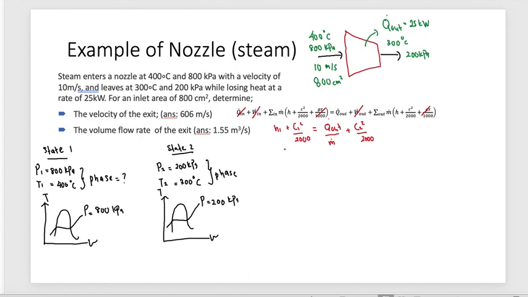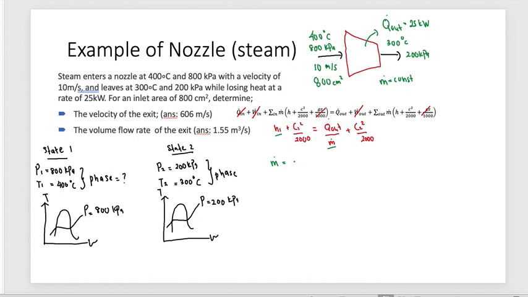Okay, so now to get C2, I have to know the value of C1, the value of H1 and M dot. As we know, this system has a constant mass flow rate, which means M dot in is equal to M dot out.